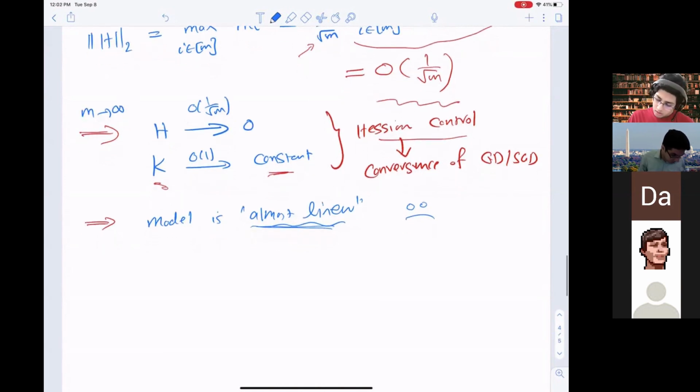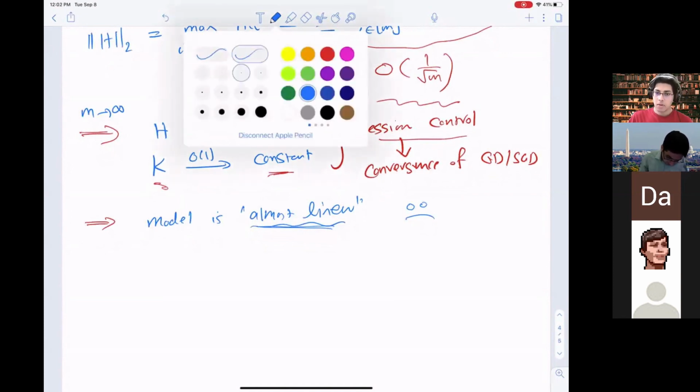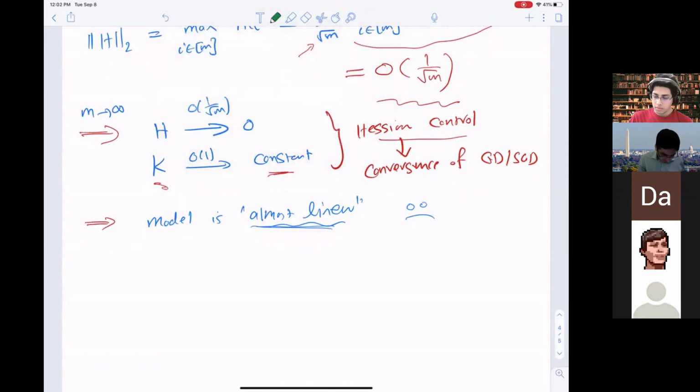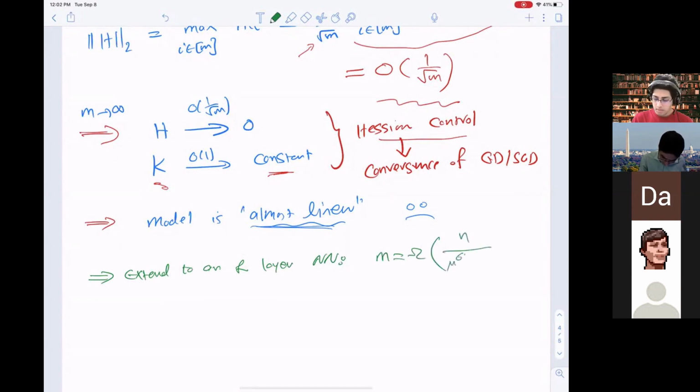Before I take questions, let me add one other comment: the same argument that I mentioned with the Hessian control, you can extend to an L-layer neural network, and there you can show that if m is bigger than the number of samples divided by mu to the power of some other terms, then again you have the Hessian control, right?